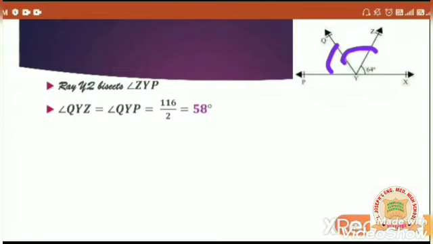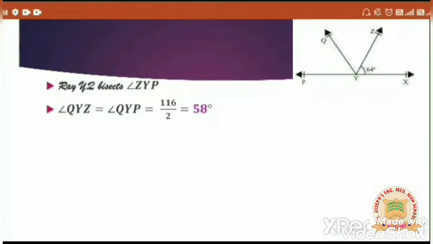We are writing QYZ is equal to QYP, and we know that ZYP is equal to 116. Therefore QYZ equals QYP equals 116 divided by 2. Why are we dividing by 2? Because it is divided into two equal parts, right? So each angle becomes 58 degrees. We have got angle QYZ equal to QYP, that is equal to 58 degrees.